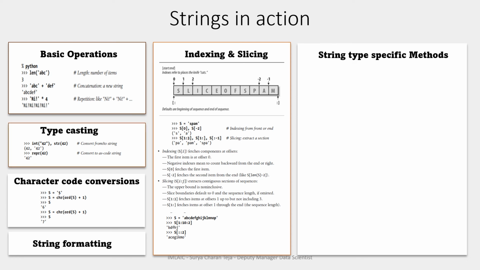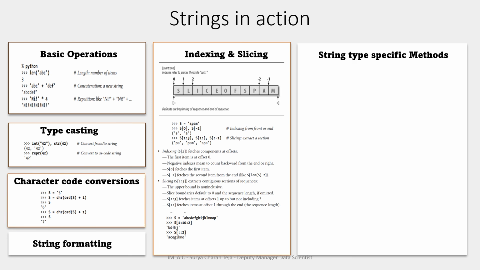For that, I will simply use the int function. Then we see character code conversions. These are used to convert numbers into characters, or the other way around. Basically, we'll look into this while we are practically coding it. You don't need to worry for now.